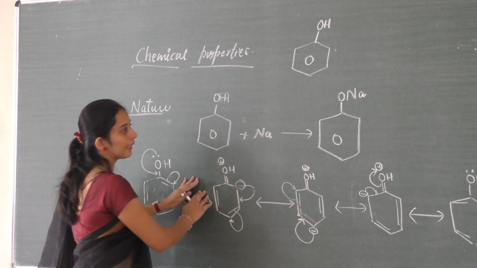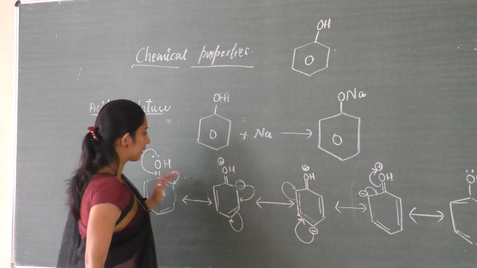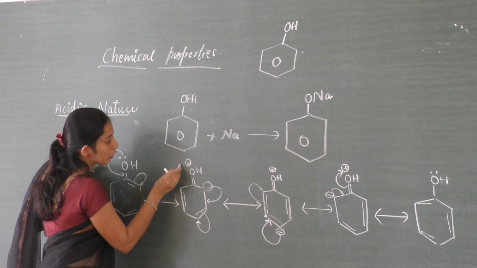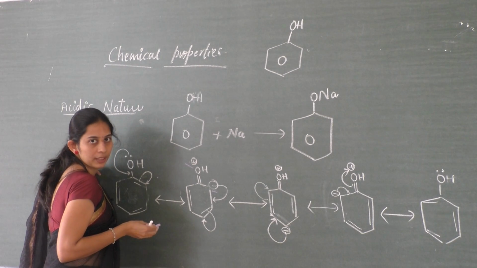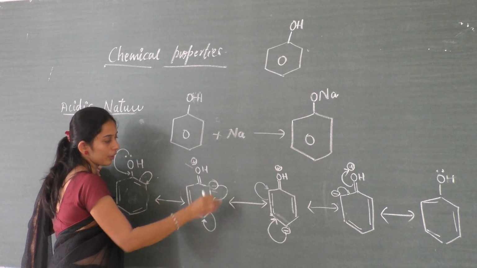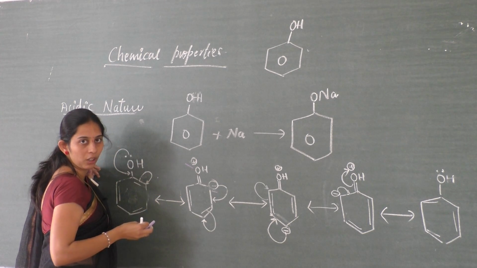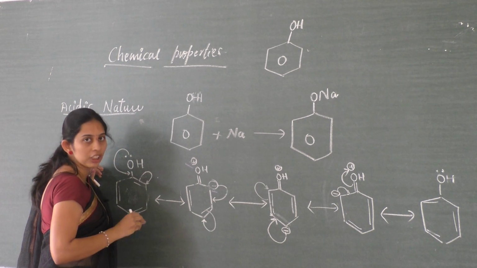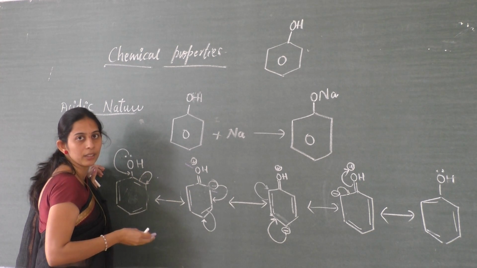If you compare this and the phenoxide ion, what happens? So here in phenol we can observe both positive as well as negative charge separation is present. Both charges are distributed all over the molecule. Whereas in the phenoxide ion, there is only one charge, that is a negative charge, that is delocalized around the benzene ring.